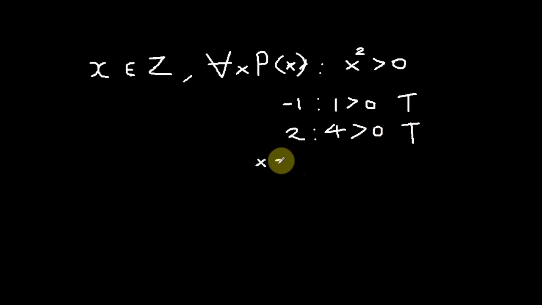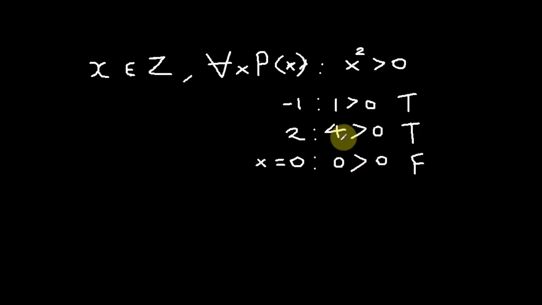What if I take x equals 0? If I take x equals 0, what happens is that I get 0 greater than 0. So you see that my domain doesn't work for x.